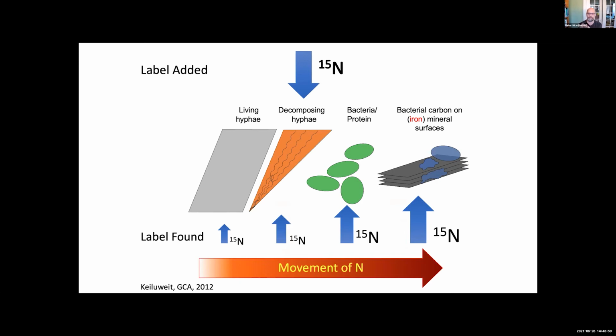So now we've traced the iron, and we've traced the nitrogen and we've traced the carbon, and we can build a conceptual model: living hyphae with certain 15N composition turning into decomposing hyphae, bacterial protein type material, and ultimately stuff deposited on the iron surfaces with an increasing concentration and retention of the 15N label during that carbon transformation.